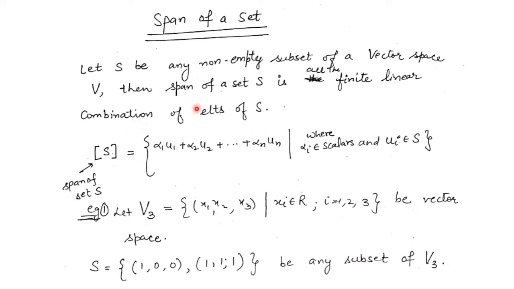For this we consider the elements of S. Let's suppose ui are the members of S. Now you take its linear combination with the scalars. Let's suppose alpha i are any scalars, meaning any real numbers. So alpha 1 u1 plus alpha 2 u2 up to alpha n un.